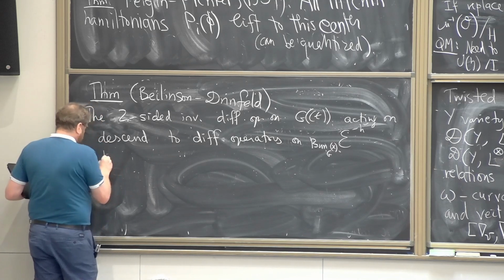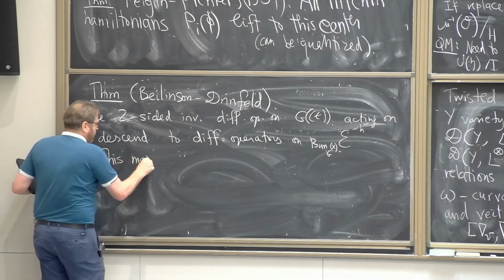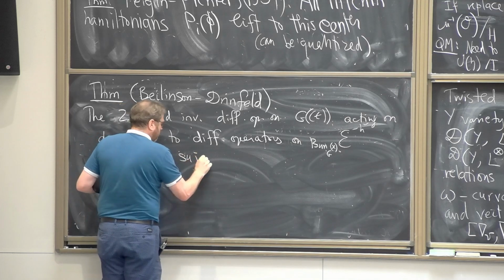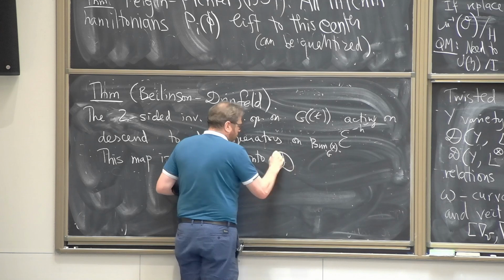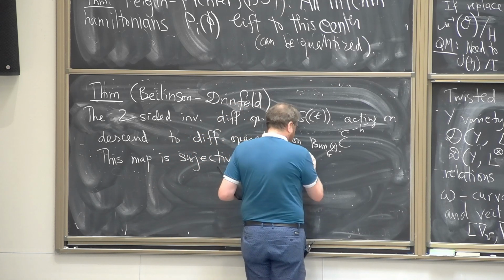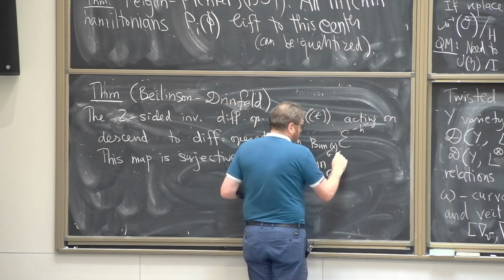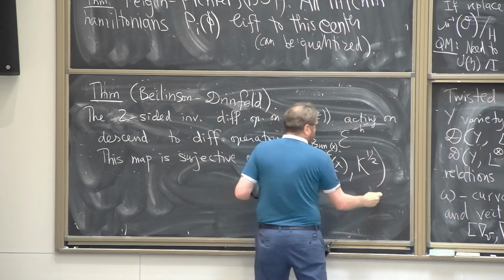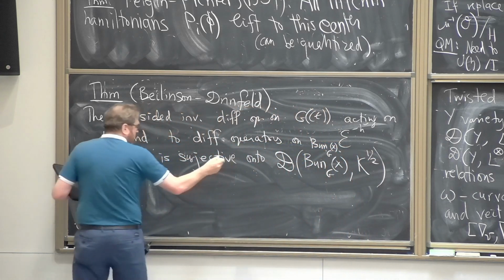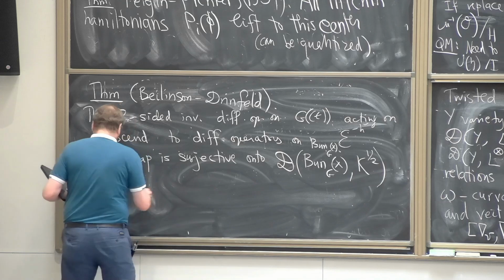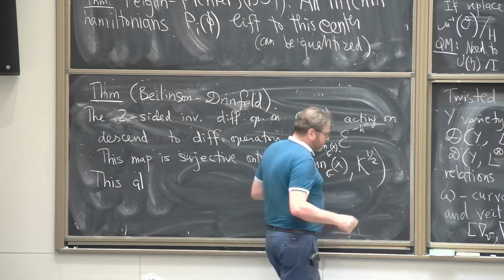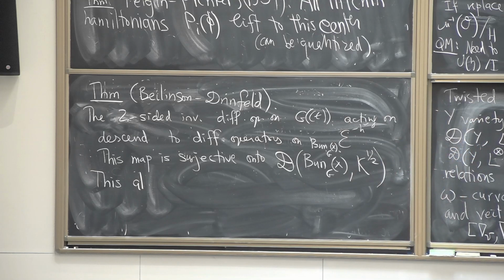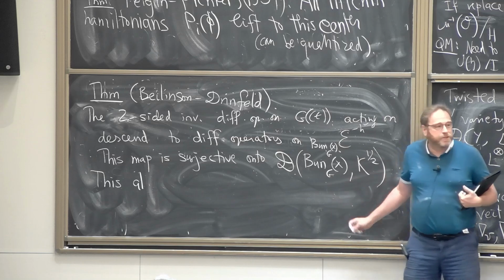So this map is surjective onto differential operators on Bun G with coefficients in K to the 1/2. And this algebra is commutative, which is maybe surprising because differential operators normally are not commutative. But that's because we are considering global differential operators.